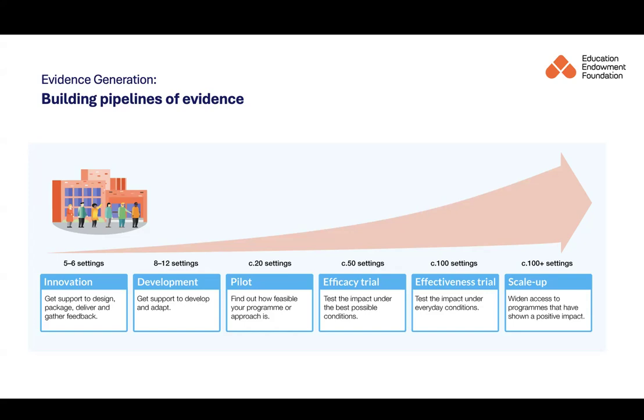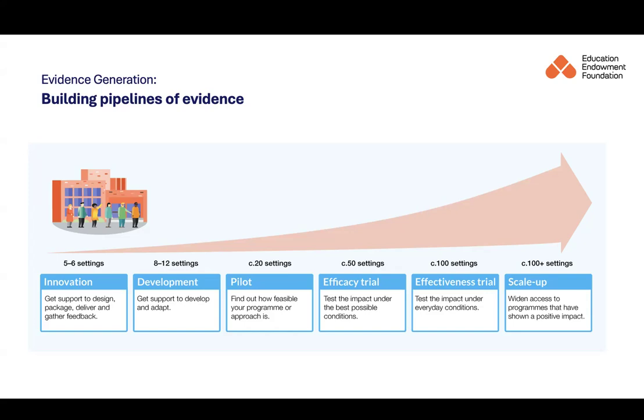So as we scale and test things in a larger number of settings, we also bring those programs to a larger number of schools and mean that it's available and there's system capacity to deliver evidence-based approaches. And of course, we don't just test programs, we test a whole variety of questions that might be relevant to teachers and school leaders.